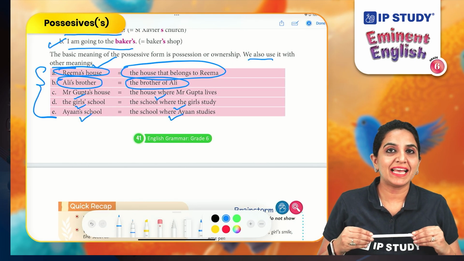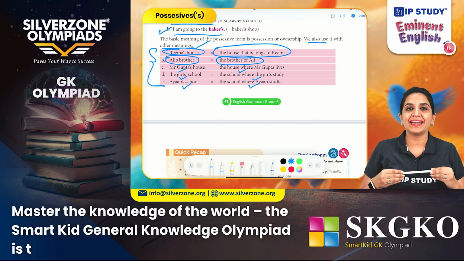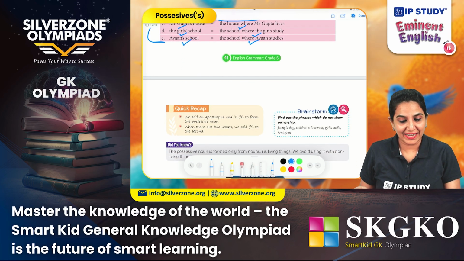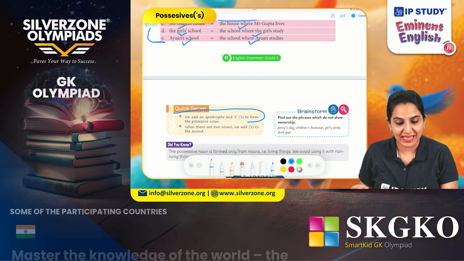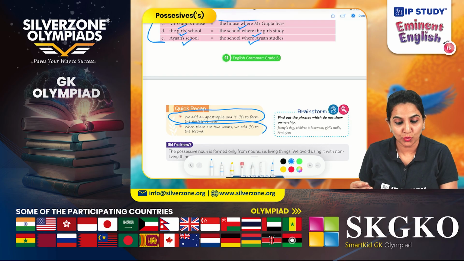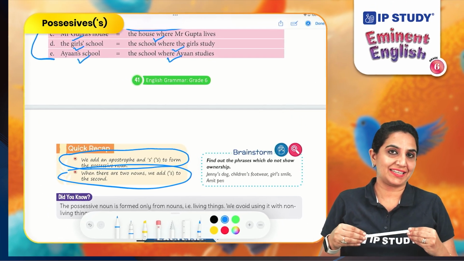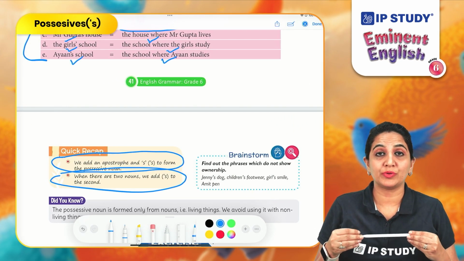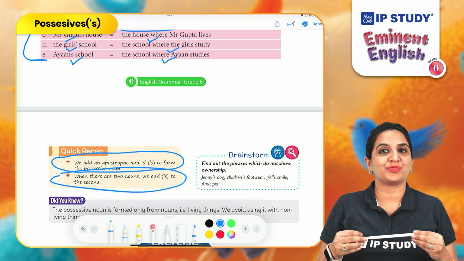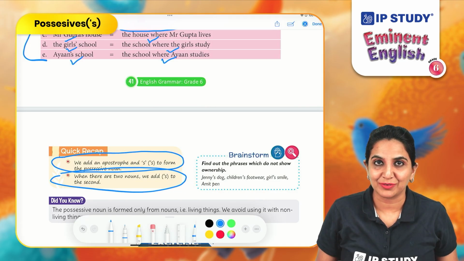They definitely help us to make the sentences clear and crisp. We add an apostrophe and s to form the possessive noun, and when there are two nouns, we add apostrophe and s to the second. When you have a plural noun ending with s, you simply add an apostrophe to make it a possessive noun.